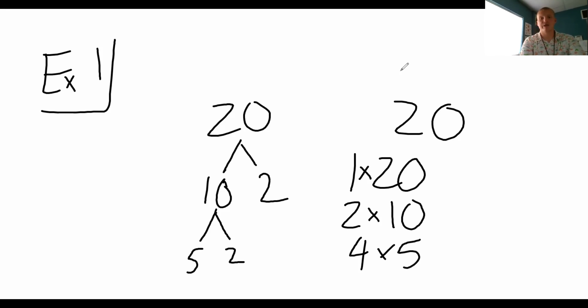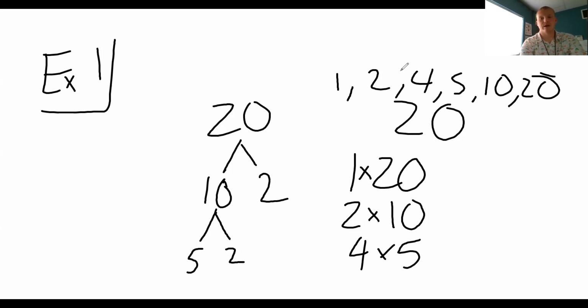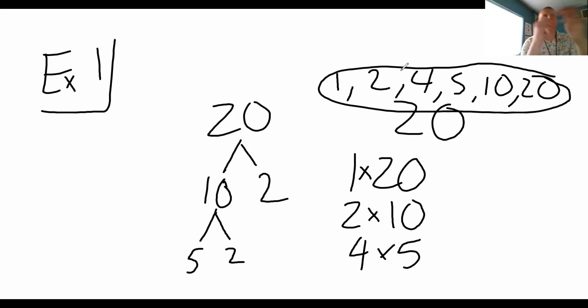And those are my only factors of 20. 1 times 20, 2 times 10, and 4 times 5. So then I would list those out in a laundry list of numbers. So 1, 2, 4, 5, 10, and 20. And those right there are my factors, because those are the numbers that multiply out to equal 20.